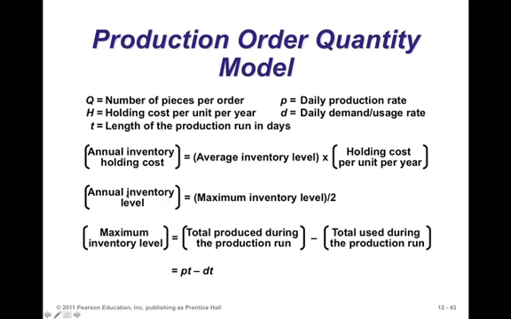The average annual inventory is really the maximum inventory level divided by 2, and the maximum inventory level is really (P minus D) times T. Now you have PT minus DT, but if we factor out the T, it would be (P minus D) times T. So if I go back to my example of producing at a rate of 100 per hour and using at a rate of 10 per hour, it'd be 100 minus 10, which is 90, times however long I produce for.